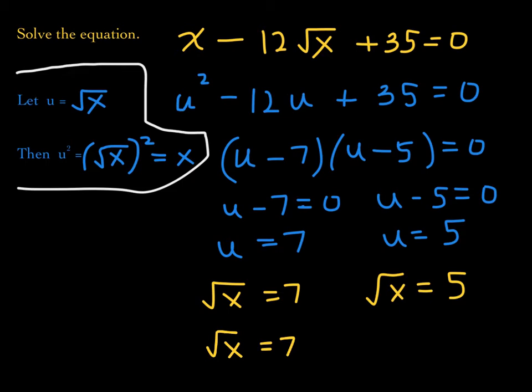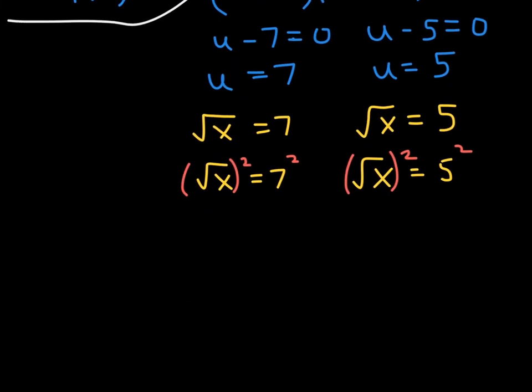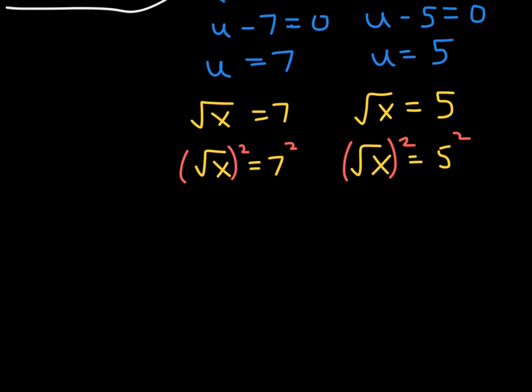When I square the left-hand side and the right-hand side for both of these, that's going to get rid of that square root so that you can solve for x. Squaring both sides, we get that x is equal to 49, or x is equal to 25.